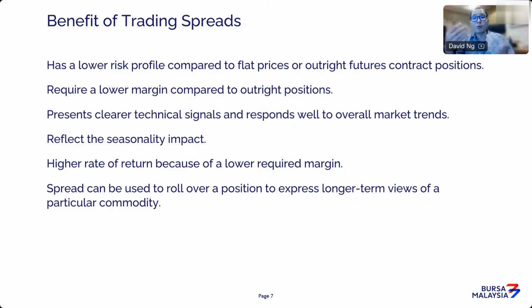If you're doing a calendar spread contract, normally the margins required are about 10 to 15% or even 20% of the outright margin. So essentially, you're only paying a fraction of the outright margin. It makes your margin more efficient, and it's an easier entry for those who want to participate in the spread market.